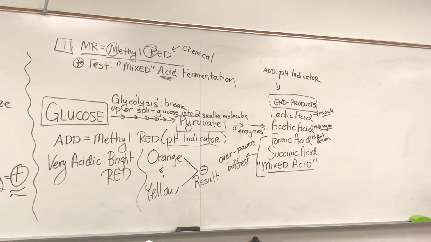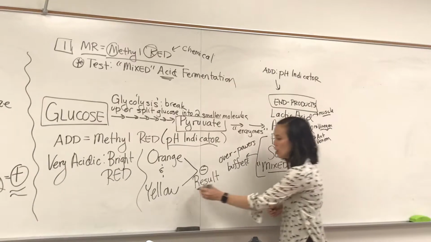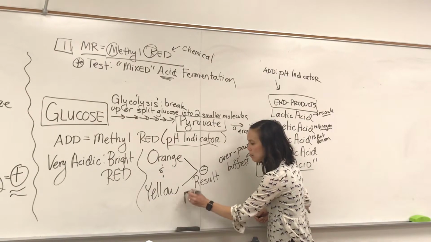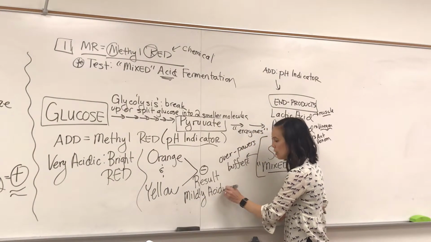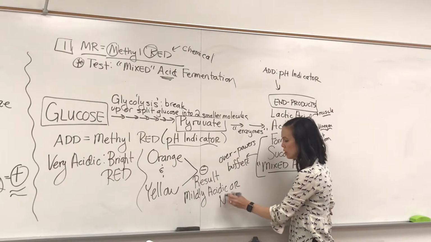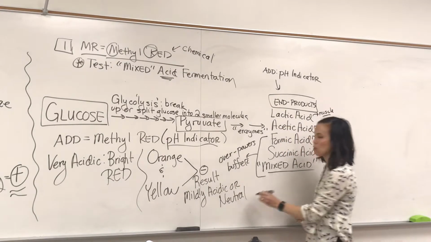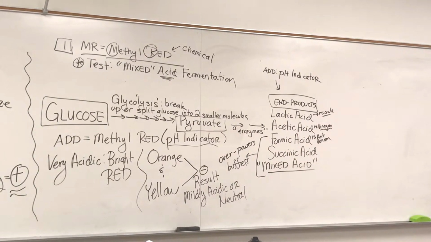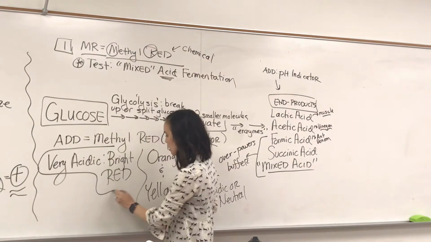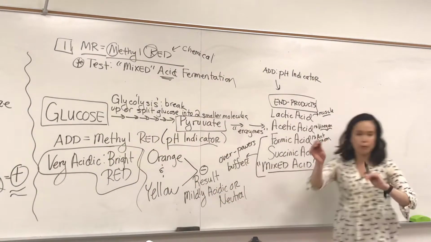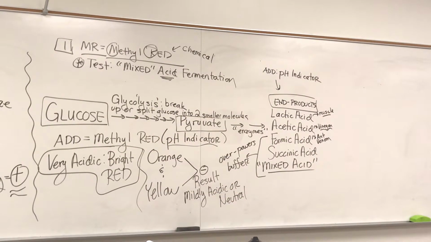The orange and the yellow tell you that your pH is either mildly acidic or neutral, so we're just going to file it away as negative. Basically, we're looking for the bright red. Bright red is positive. There's no flip-flop of colors or anything like that. It's just red is positive, and that's it.